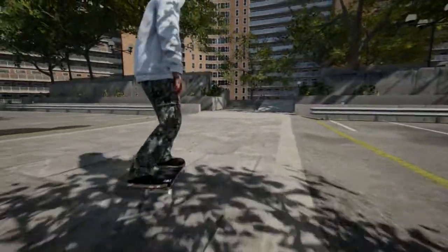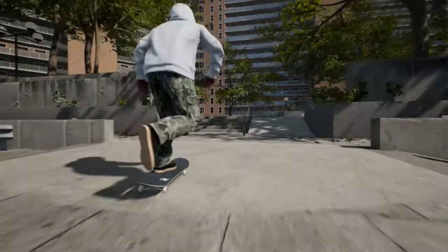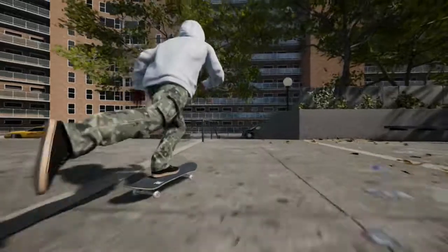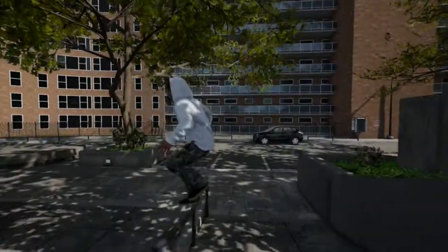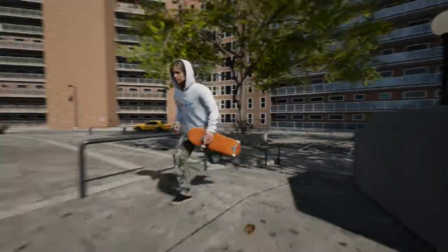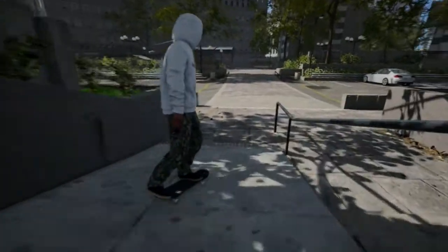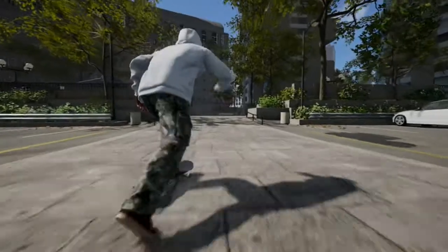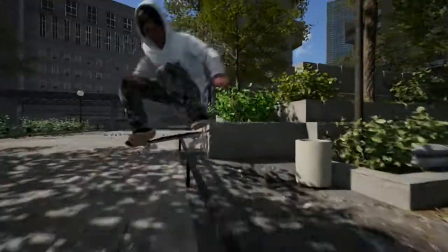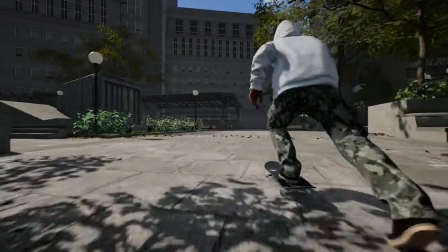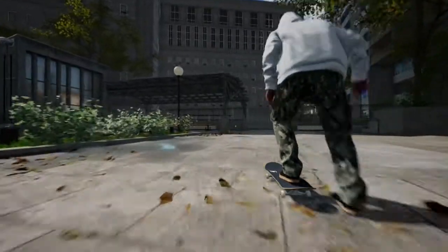Let's see here. It's really hard. Landing on rails in a certain way you would like to is a little rough too.